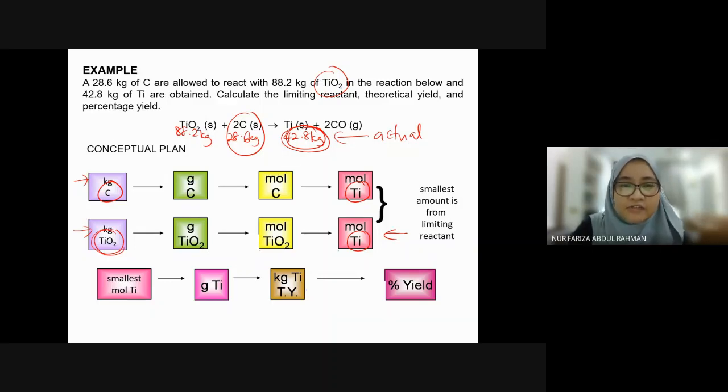So carbon is not the one who will determine the amount of product form. Dia excess, dia banyak. Okay, the one yang habis dulu adalah titanium oxide. So bila dia habis, it will stop the reaction automatically. The product will not be produced because one of the reactant is now totally being consumed.